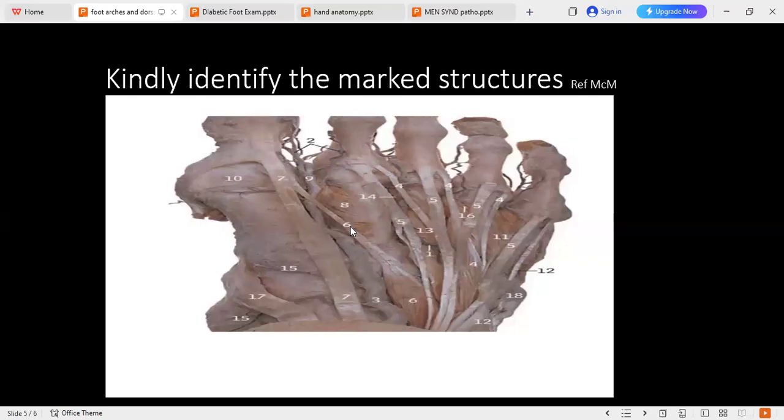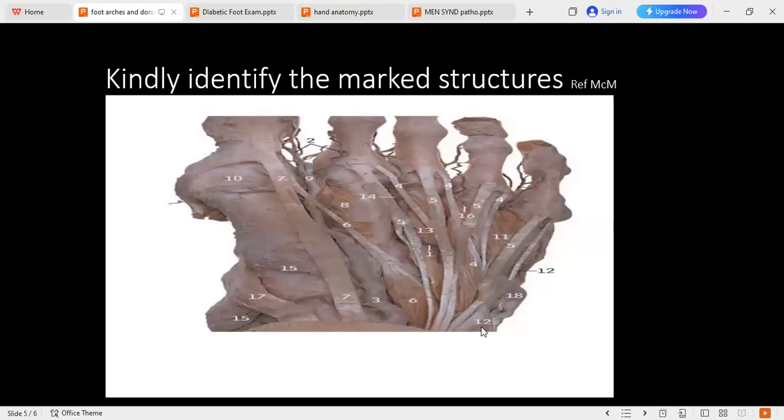Extensor digitorum longus. Yes, 5, please. I don't know, sorry, can I come back to this? This is extensor digitorum longus, right? 5. And 6 is extensor hallucis brevis.